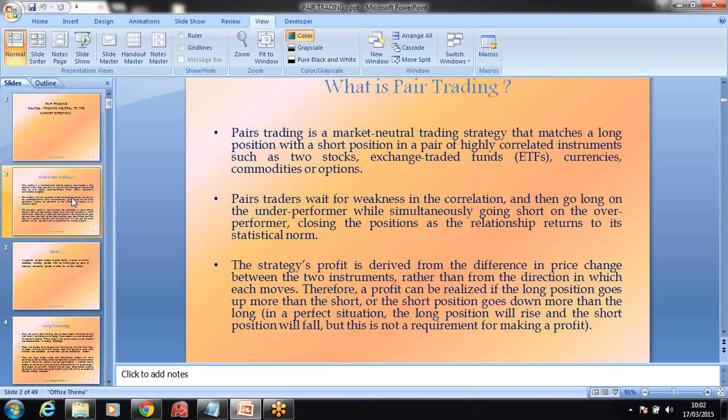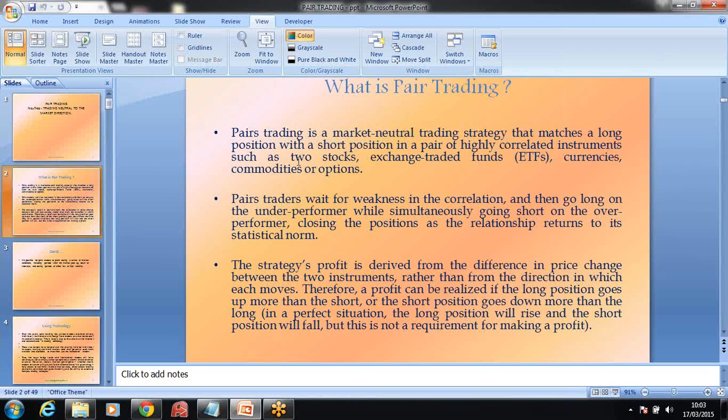But at some point of time, one particular scrip in the same segment, let's say Tata Steel, moves up, and JSW Steel, which is also into steel, comes down. This divergence is where we enter into a trade.